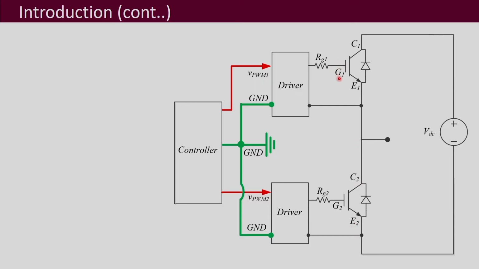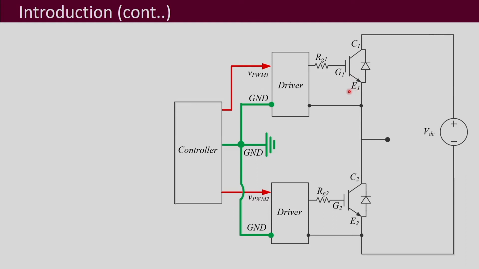We have studied this while discussing semiconductor devices, that the voltage we provide on the gate is with respect to the emitter, and then we can drive the IGBT or the MOSFET.